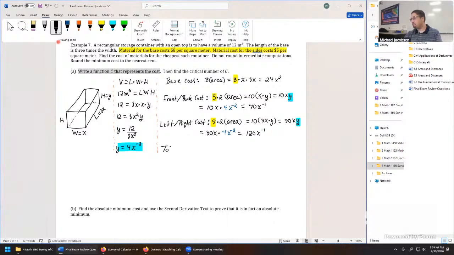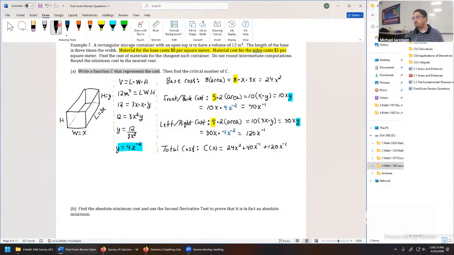So the total cost, c of x, is going to be equal to these three pieces: 24x squared, 40x power negative 1, 120x power negative 1. Add them all together.